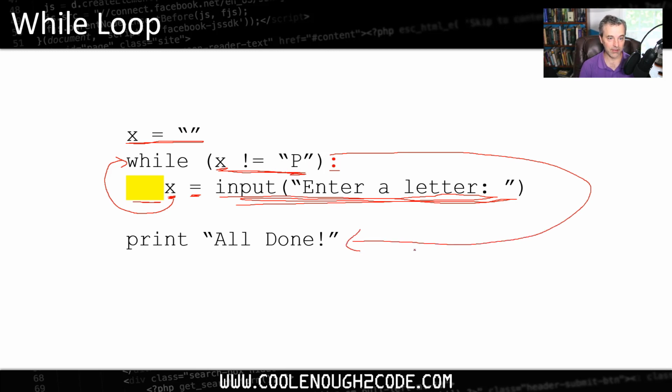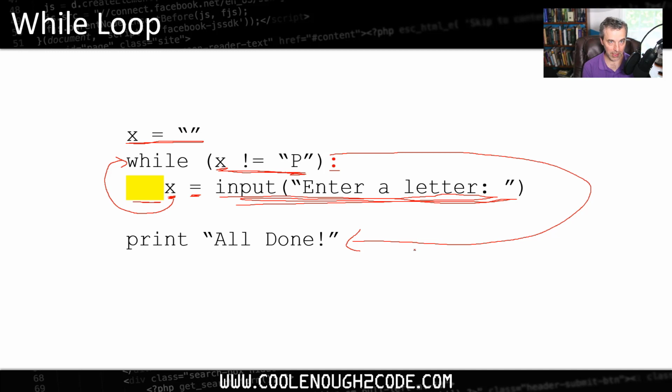So that is an example where I'm not using some kind of iteration over a series of numbers. Rather, I am expecting some input from the user, and I want that user to enter in a specific value so that I can reach an exit condition and then continue on with my program.